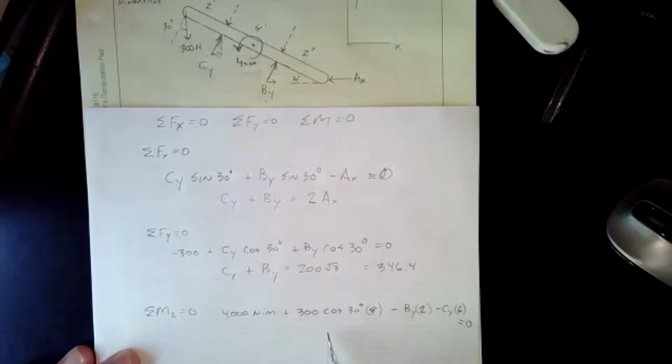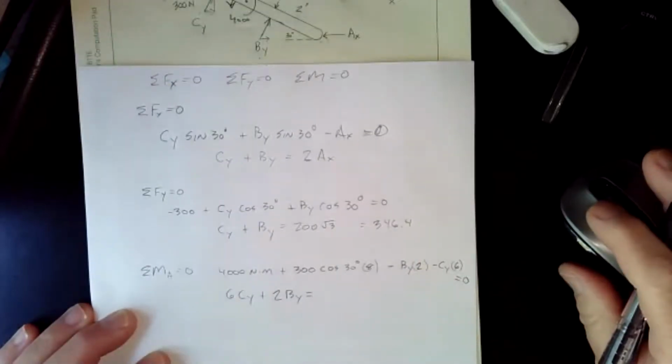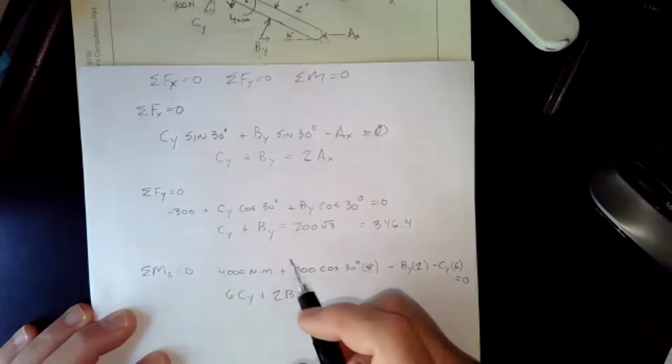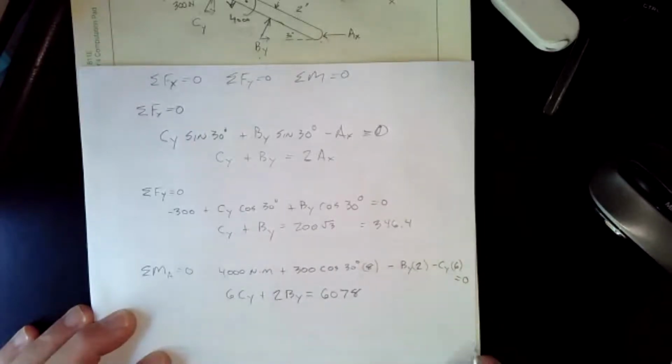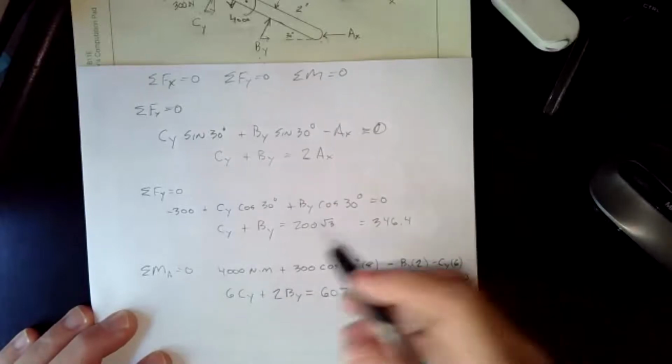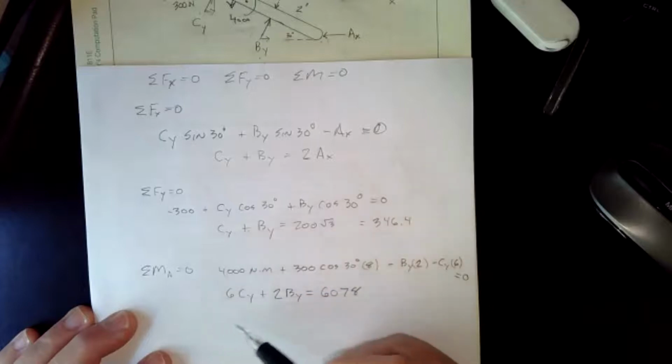So if I simplify this, I get 6CY plus 2BY equals 6,078.